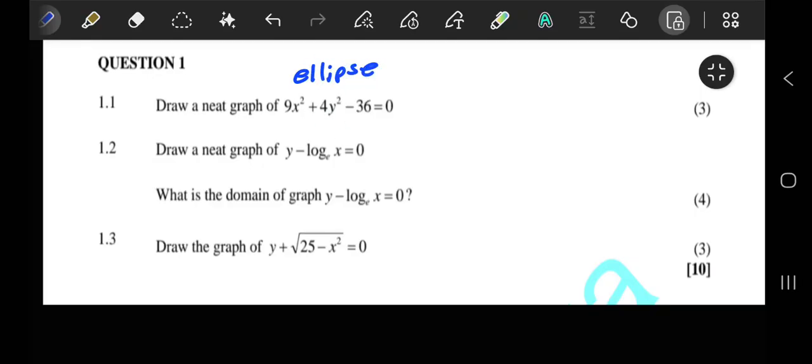What you're supposed to do here is take that 36 to the other side. That will give you 9x squared plus 4y squared must be equal to 36, like that. Are we together?